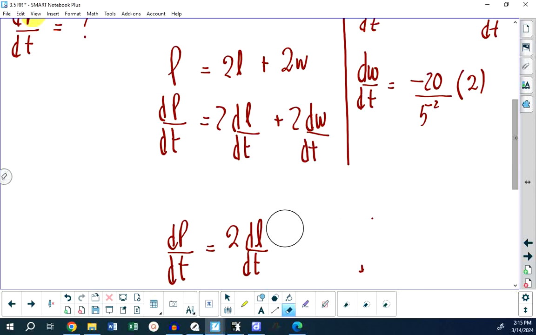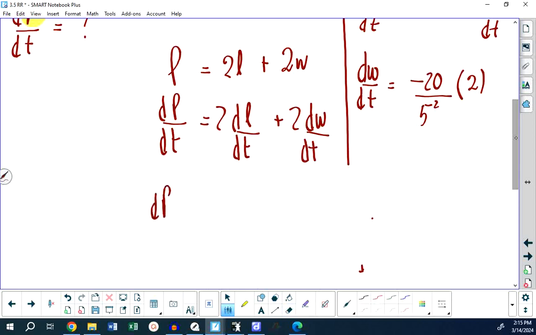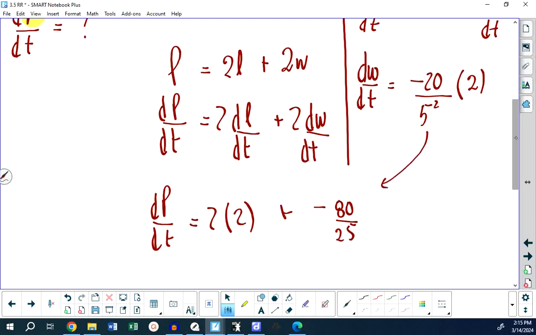So now what we can do is say dP/dt equals 2 times dL/dt plus dW/dt. That's what that works out to. And you get the same answer. So again, I like what I said there. I think it makes sense. As long as you're following proper rules of algebra and proper rules of differentiation, if what you do leads you to dP/dt equals a number, then what you're doing is right.